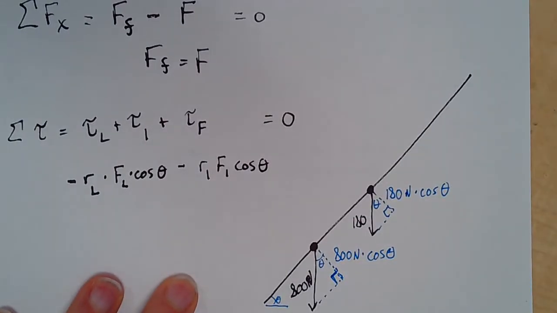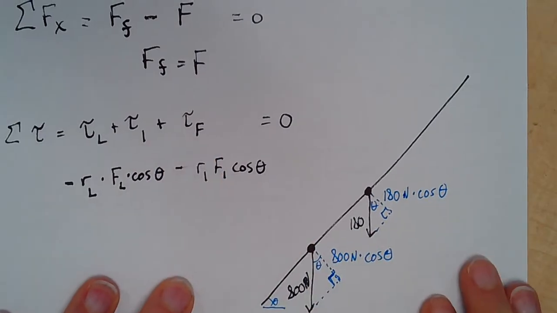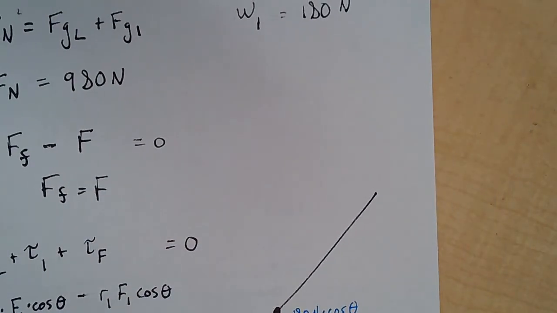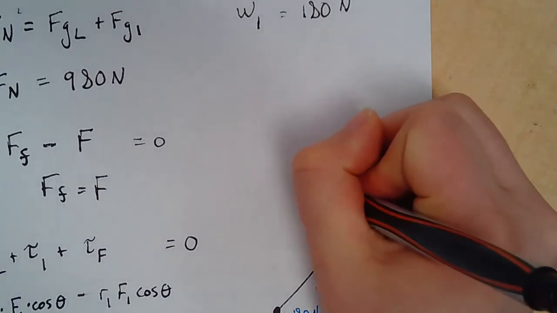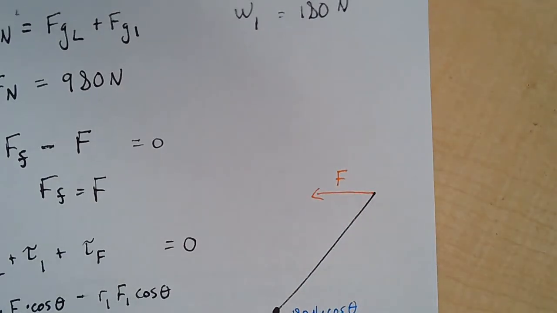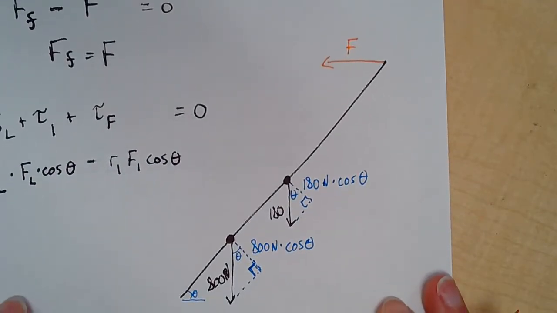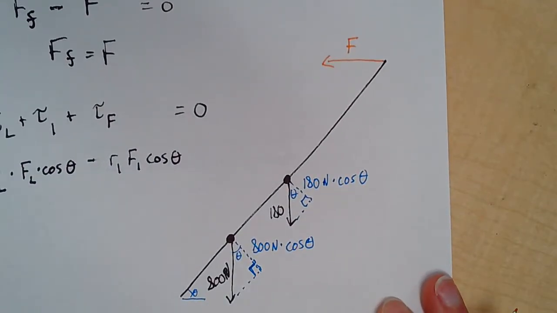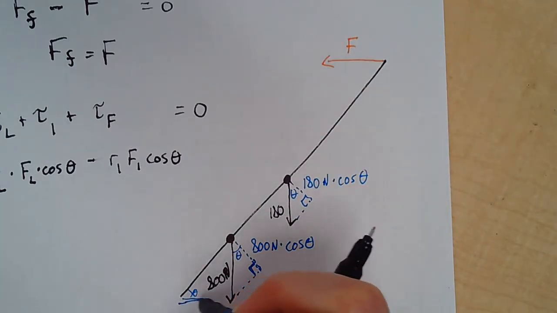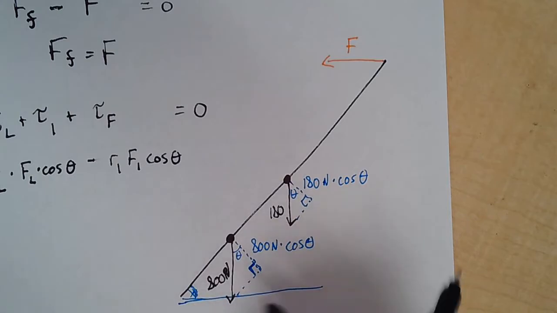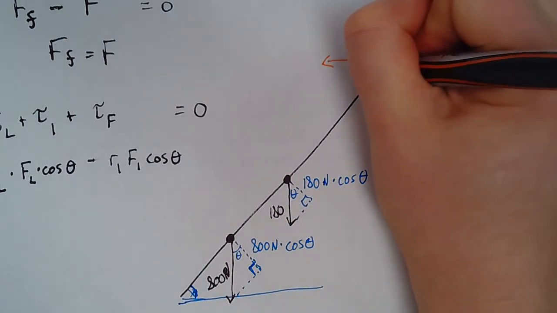The last piece is the torque of the force at the top. So the torque of the force at the top, we can draw it like this. So this is our force. But notice, once again, it's not perpendicular to our ladder, but it is parallel to the ground. So when we have our theta down here, that's going to be the same theta as up here.